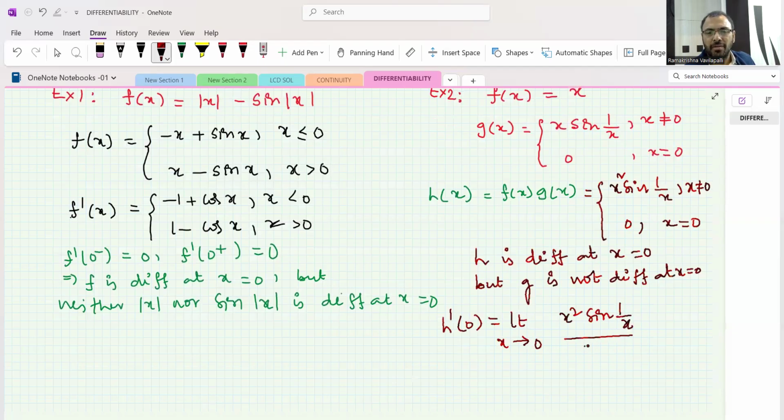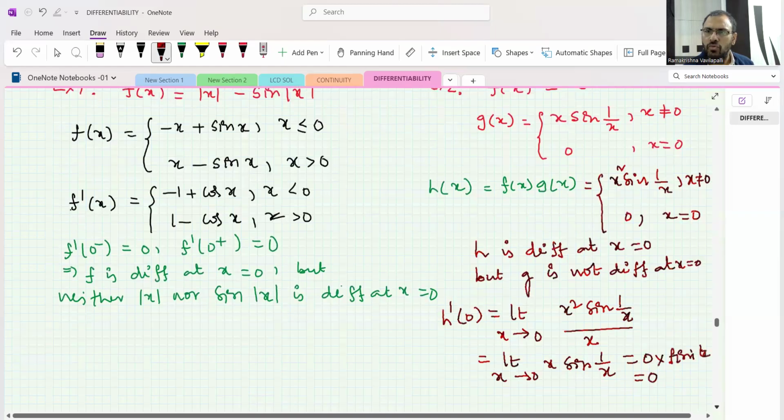So therefore h dash of 0 is equal to limit x tends to 0 of x into sine 1 by x. So either you can apply the squeeze play theorem, or this is 0 into some finite quantity, an oscillating function, isn't it? This is equal to 0. Hence the function is differentiable.